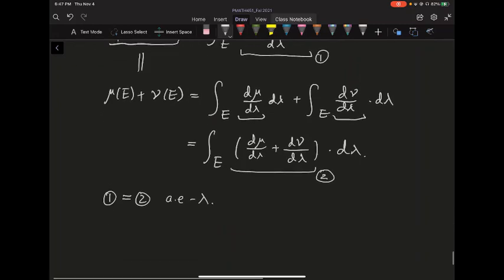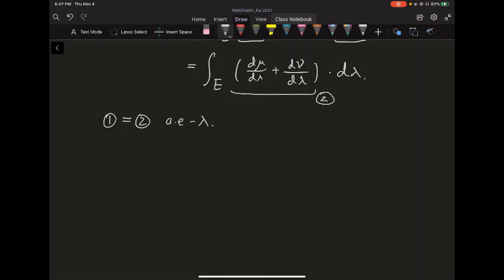All right, so I want to prove the second property. Suppose you have nu which is absolutely continuous with respect to mu, and mu is absolutely continuous with respect to lambda. So this absolute continuity is kind of transitive. This implies that nu is going to be absolutely continuous with respect to lambda as well.